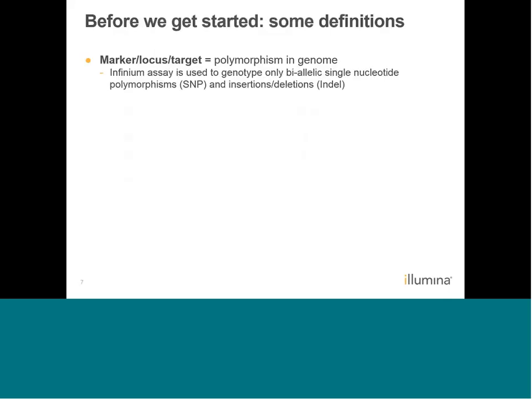But before we get started, let's talk about some of the terminology that we use. Marker, locus, target, these all refer to the polymorphism in the genome. So a SNP, or an indel, is designated within brackets, shows the two possible alleles for that locus, and those two alleles are separated by a slash.